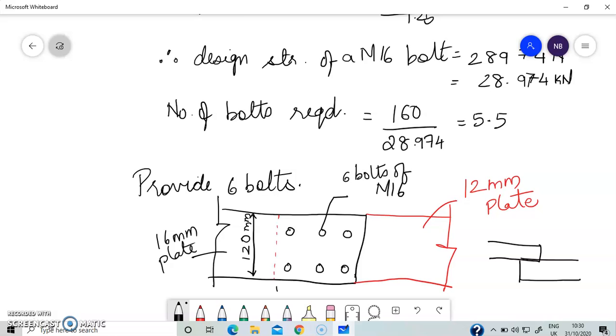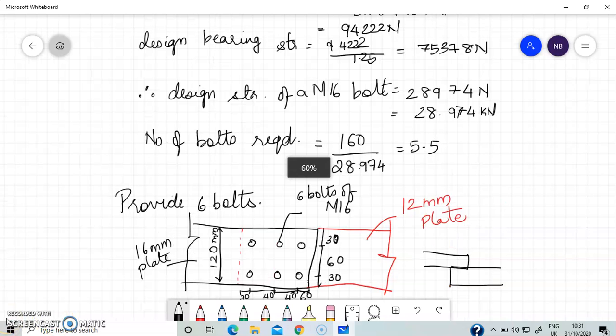Now the edge distance we had worked out would be 30, the pitch we said is 40. Similarly, here 30, this will keep as 60, and this is 30. And here it could be 30 or anything above 30, so I will keep it as 60 mm.